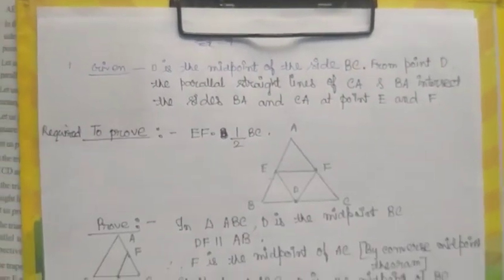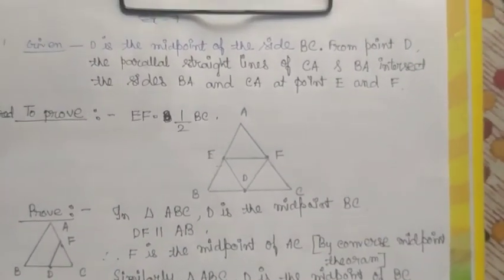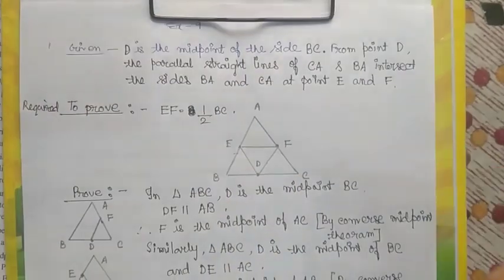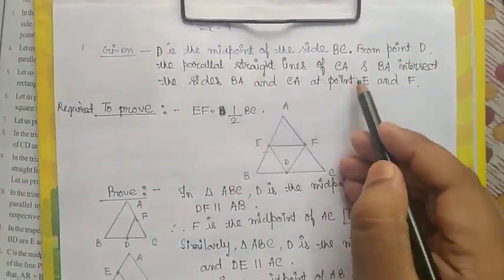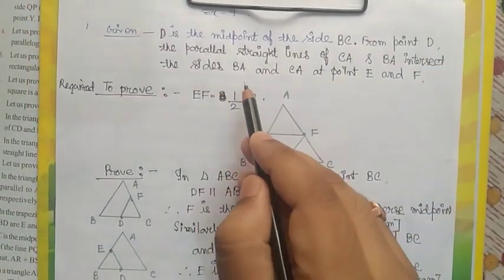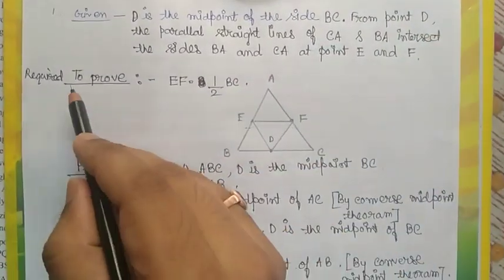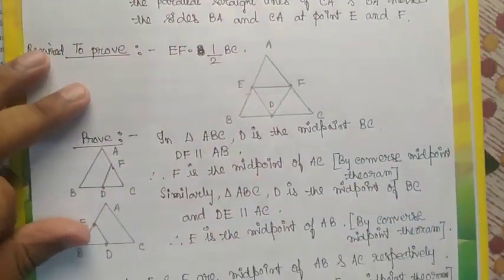So now here given is D is the midpoint of the side BC. From point D, the parallel straight lines of CA and BA intersect the sides BA and CA at points E and F. Required to prove EF equal to half BC. This is the diagram.